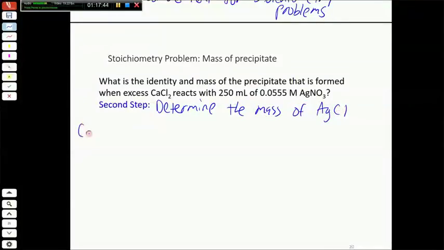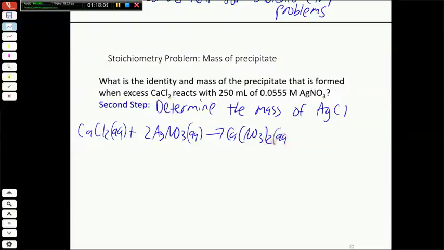Alright, so our balanced chemical equation is, again, this here. That's just rewriting what we did in the last one. And what we're looking for is the mass of AgCl that forms as a precipitate.